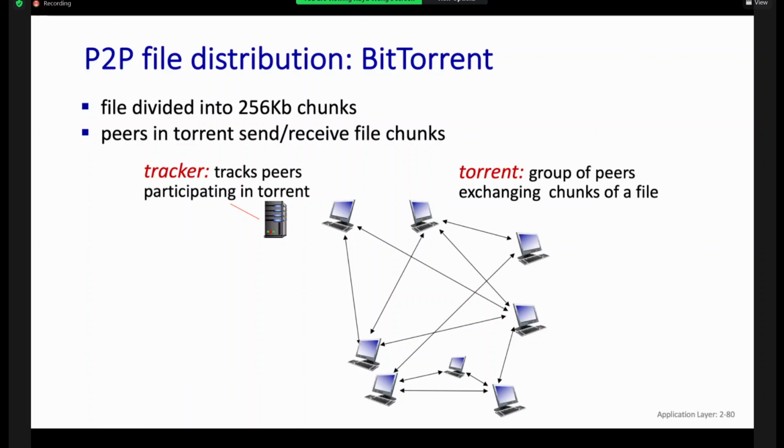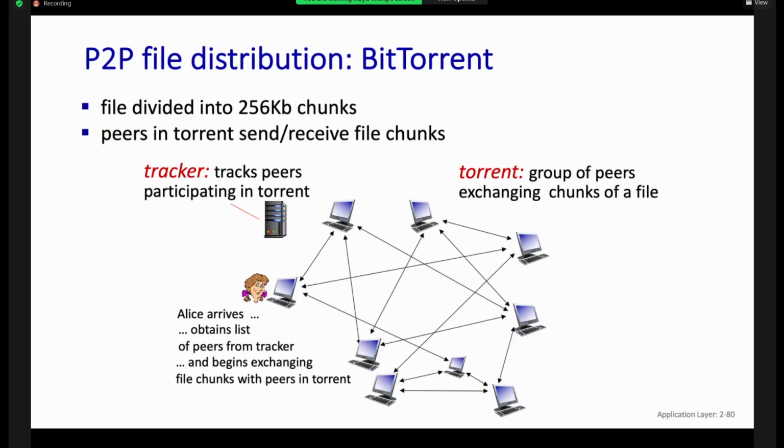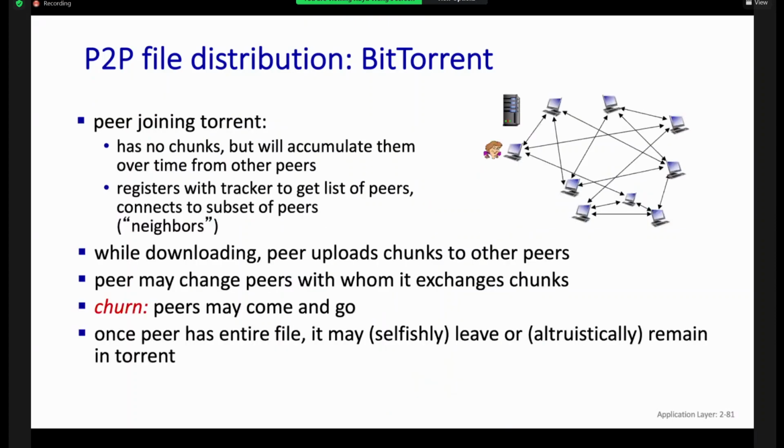If a user like Alice joins this BitTorrent, she first gets a list of peers from the tracker, and then connects to a subset from the list. For example, in this case, we connect 3 devices.